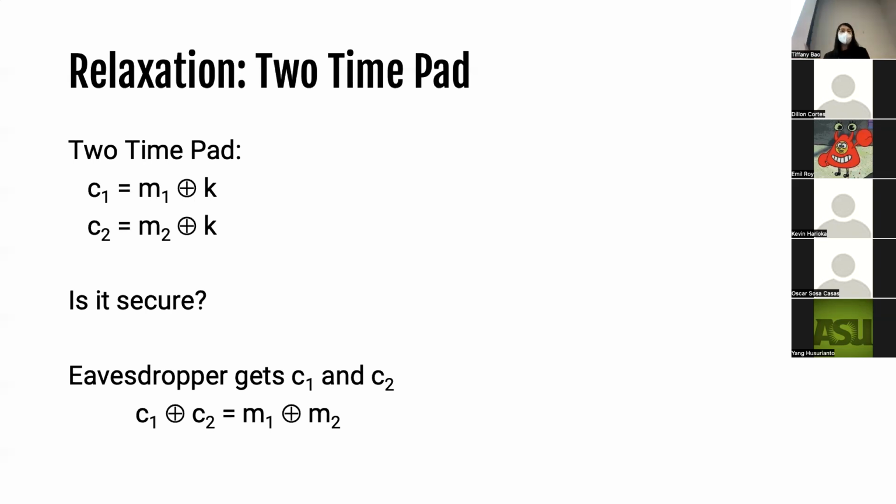Because, according to these two equations above, if you XOR these two equations together, on the left-hand side you will have C1 XOR C2, right? And on the right-hand side you will get M1 XOR K XOR M2 XOR K, because you XOR K twice, it's like you don't have K at all, right? So you can get the XOR result of the two plain texts.